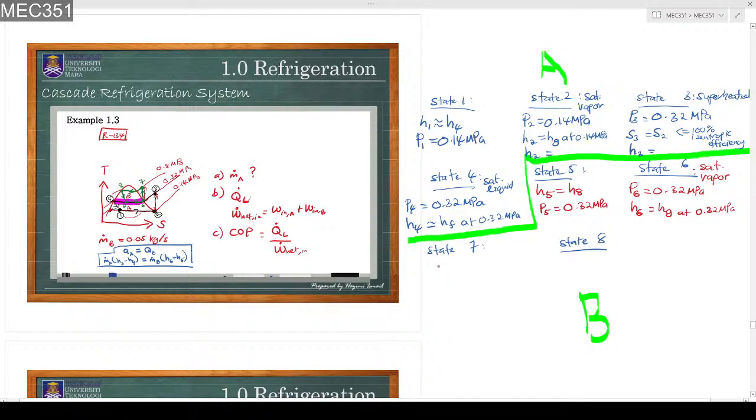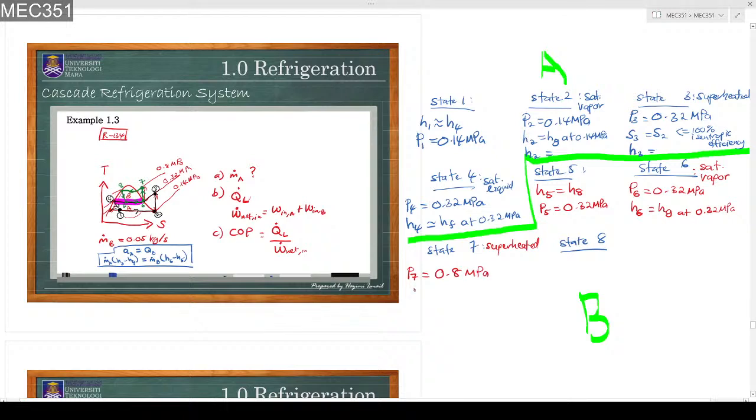Okay, for the state 7 we know it will be superheated, because it is outside the saturation region here. Similar to state 3, because state 7 is the compressor outlet, P7 is at the highest pressure line, 0.8 MPa.